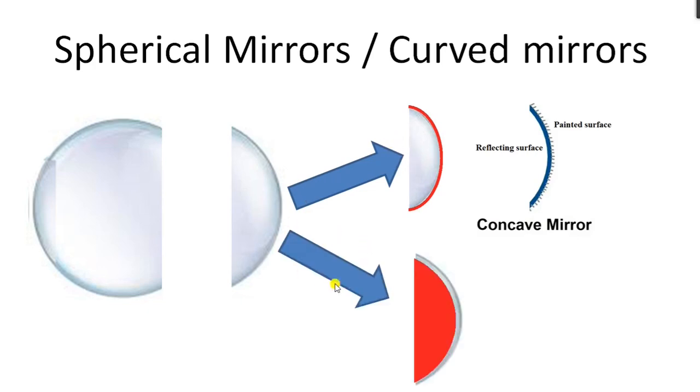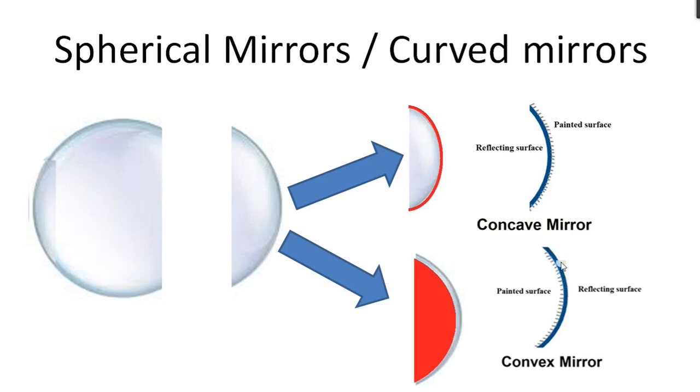And if you paint the inner side of the sphere, the mirror we get is convex mirror. So out here you can see this line is the reflecting side and these small horizontal lines are the painted side.